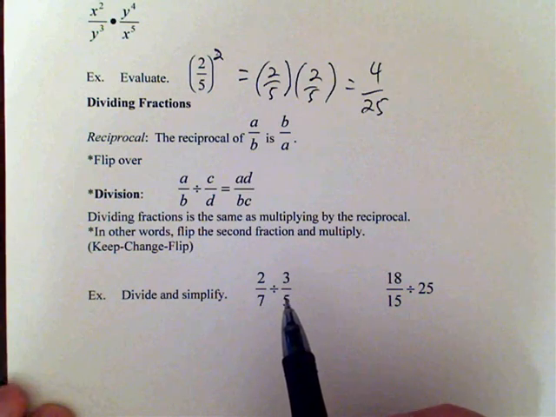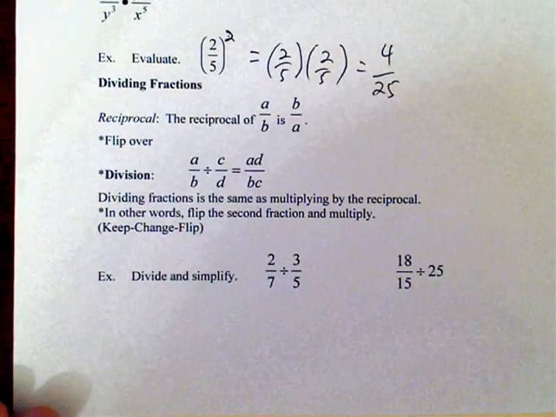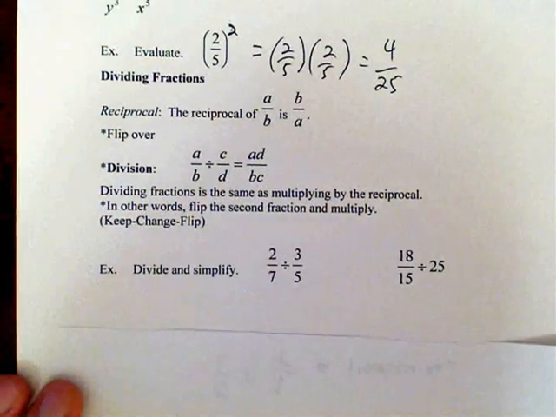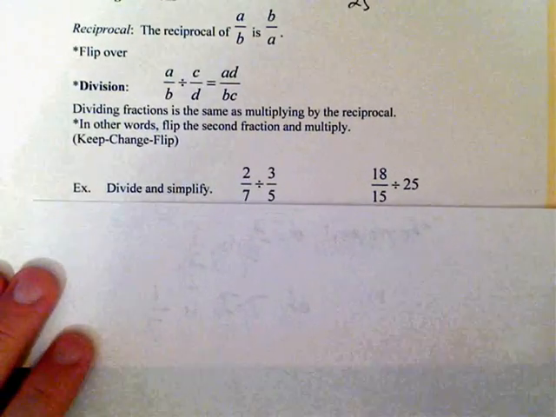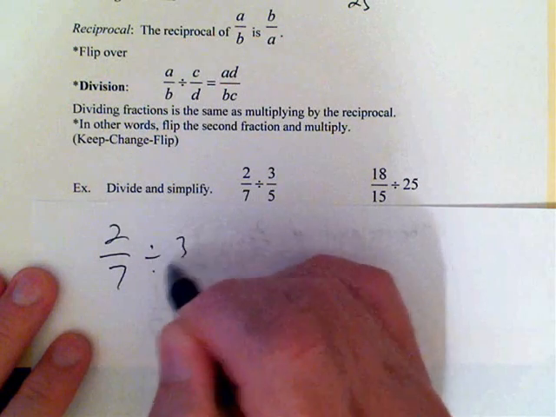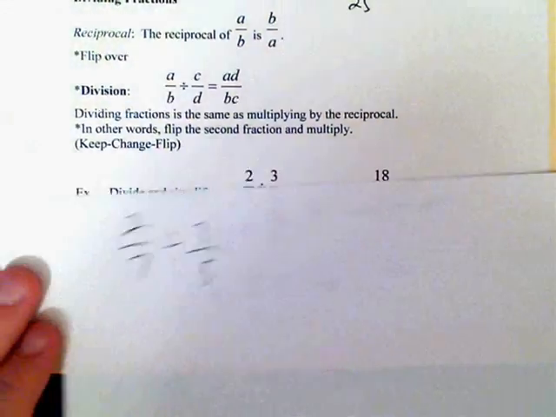So let's do this example. 2/7 divided by 3/5. Watch what we're going to do.